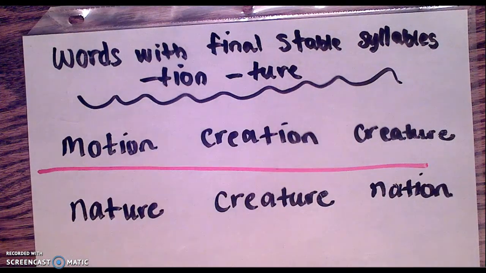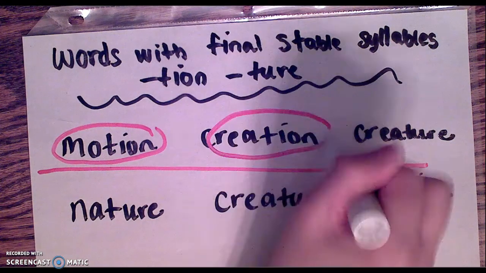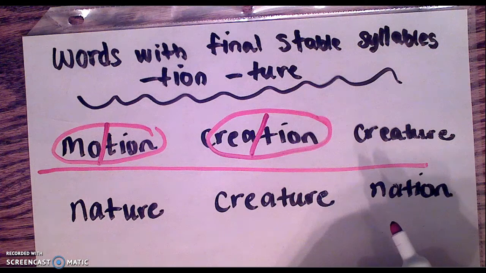Which two words have the same ending syllable? Motion, creation, creature. Motion and creation. They both end in the shun syllable.